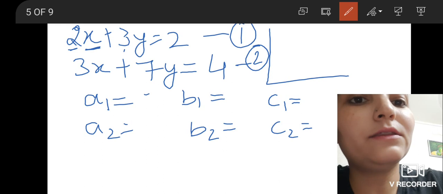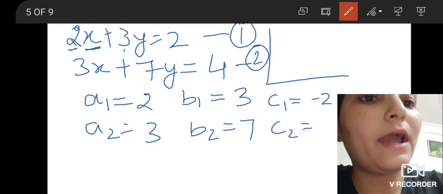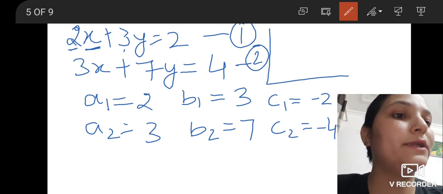So a1 is 2 and a2 is 3, b1 is 3 and b2 is 7, c1 is minus 2 and c2 is minus 4.